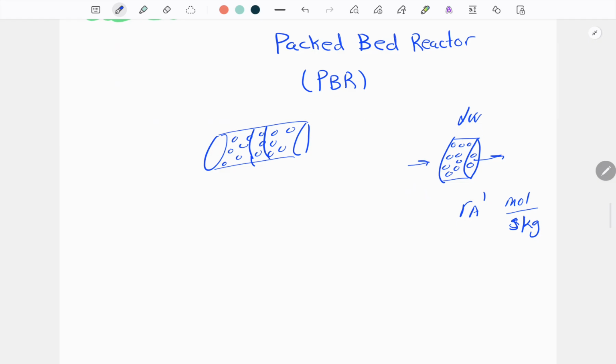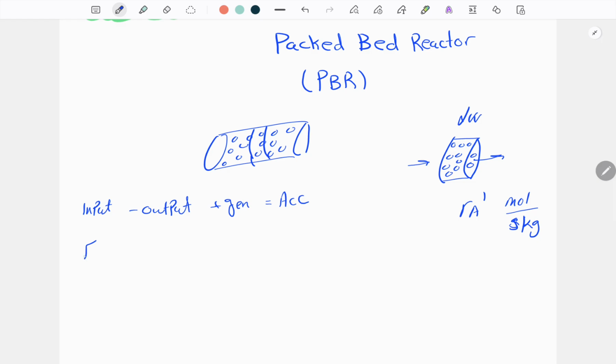So let's start with our material balance, which is input minus output plus generation equals accumulation.